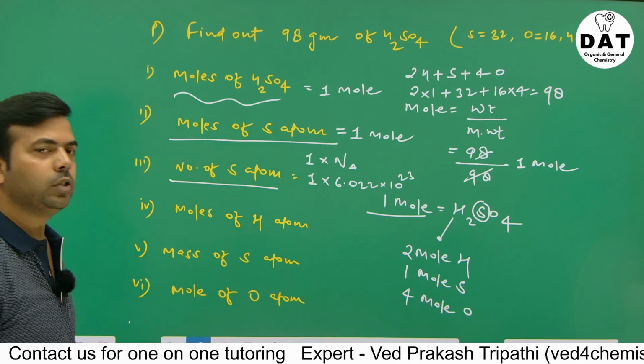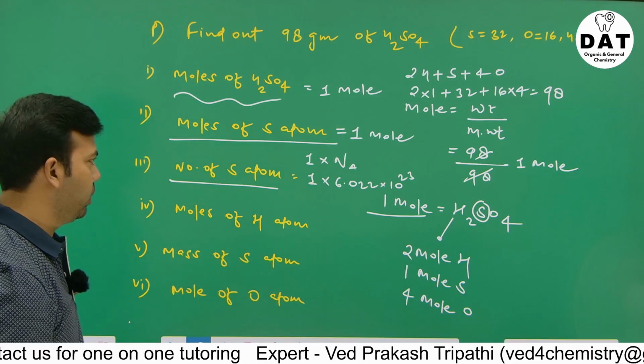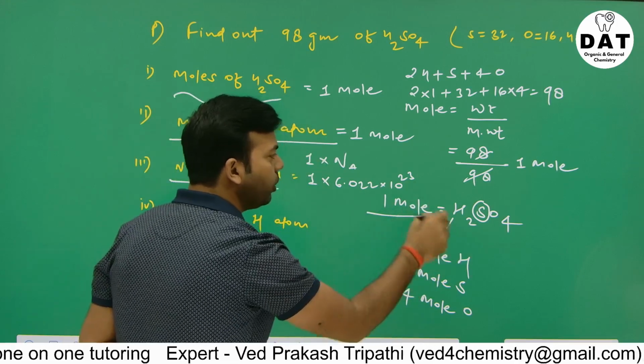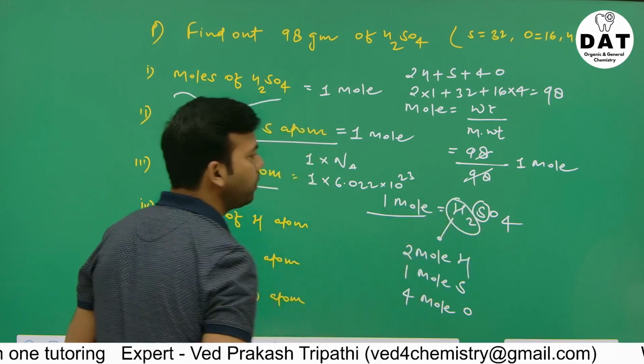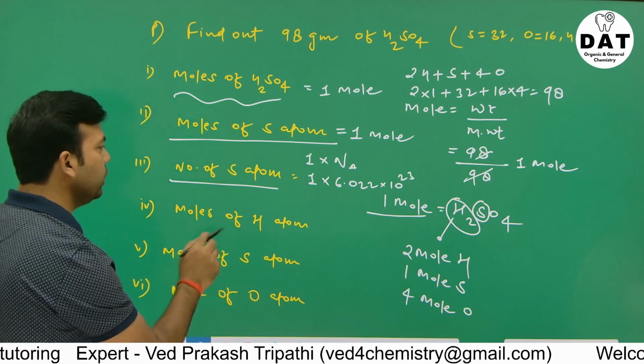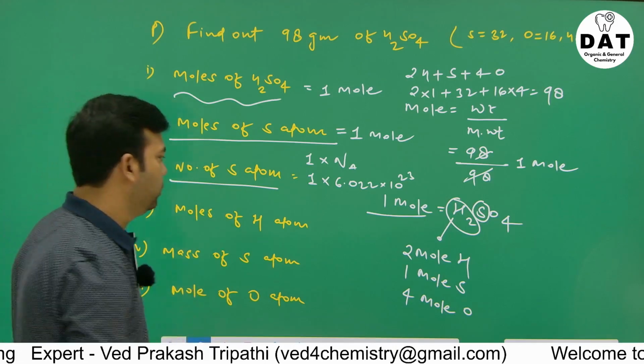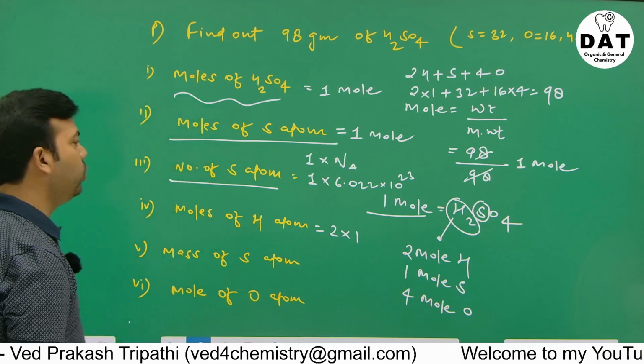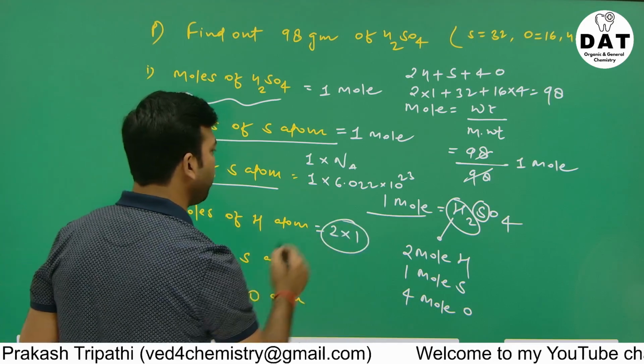Mole of hydrogen atom: we got 1 mole H2SO4 in which 2 hydrogen atoms are there. So hydrogen is 2 into 1, which is 2 mole hydrogen.